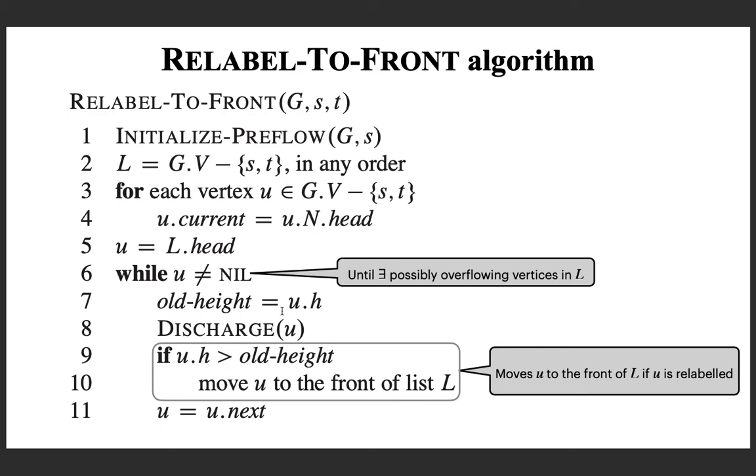If it is relabeled, that vertex is moved to the front of this linked list, and that is why the algorithm is known as relabel-to-front. Whenever you relabel, the vertex comes to the front.